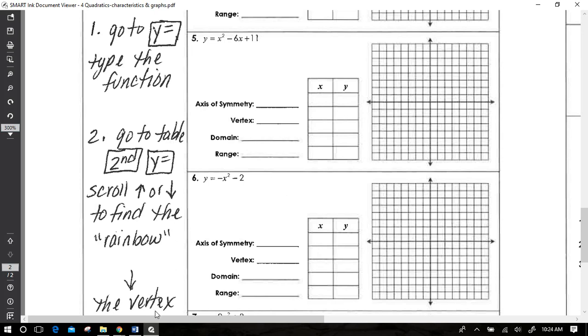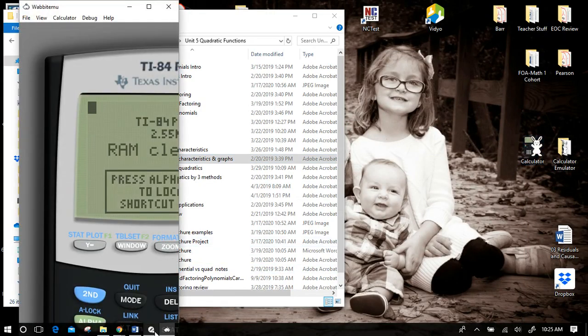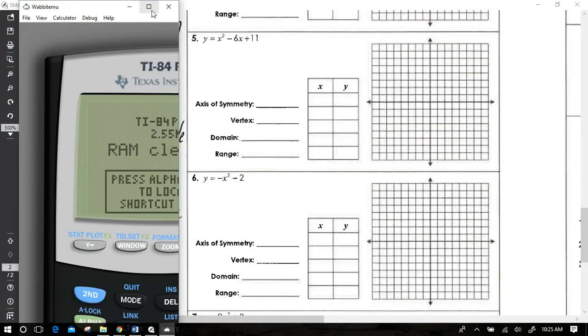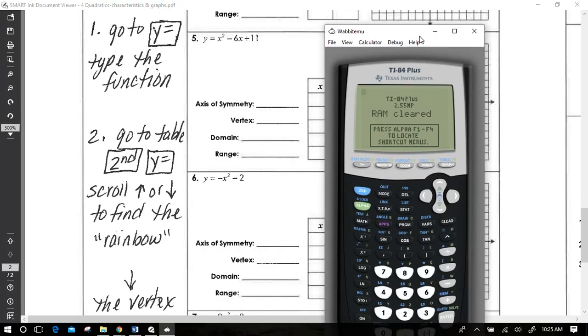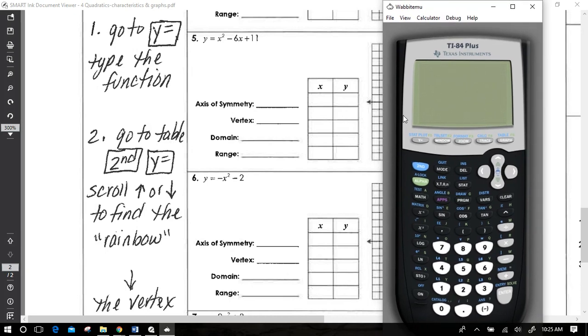All right, so let's do number 5. I need to pull up my calculator. Here it is. All right, and make that normal. So I am going to turn this on, and then let's go ahead and type this into y equals.